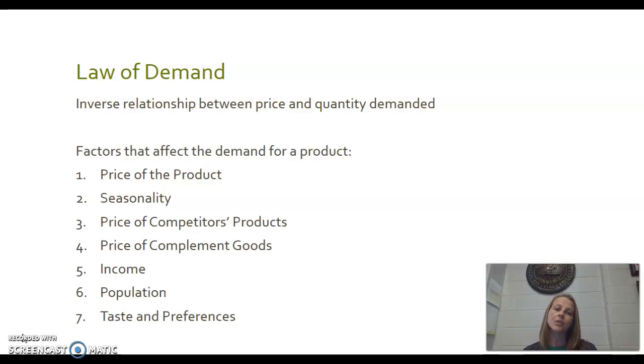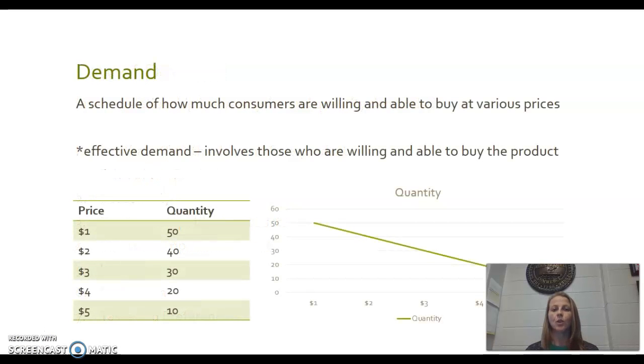There are some factors that will affect the demand for a product. The price of the product, the seasonality, the price of competitors' products, the price of complement goods, income, population, and taste and preferences. And so if you keep those things in mind, if we move back one slide, I'm going to show you how this would look.